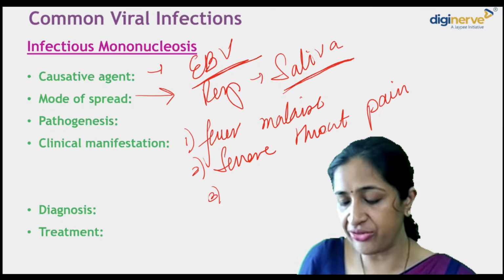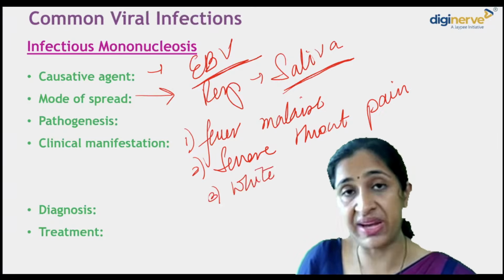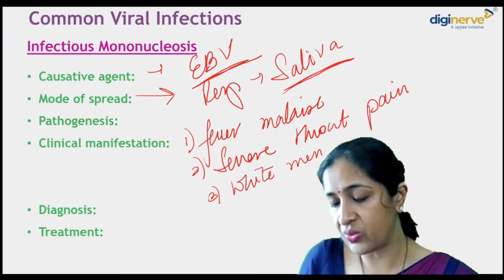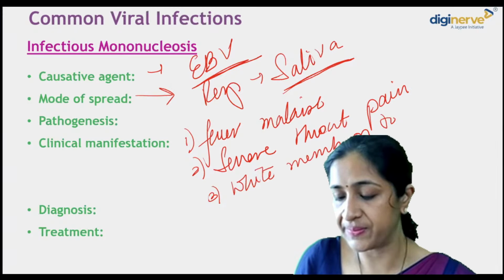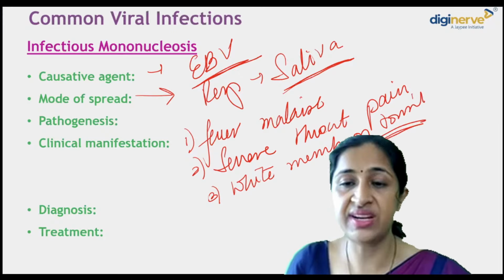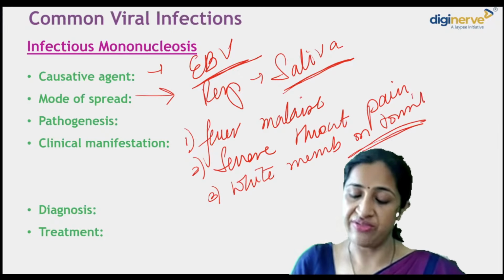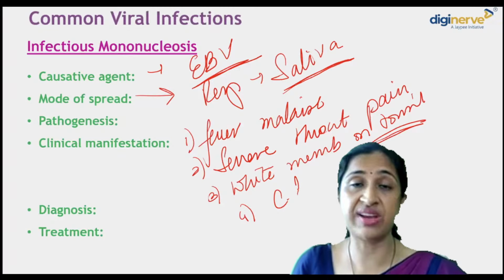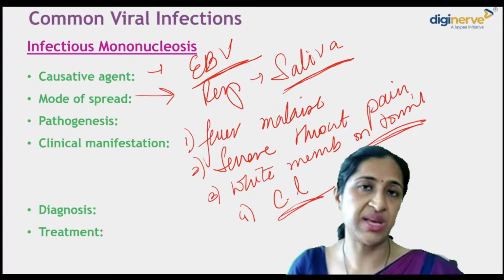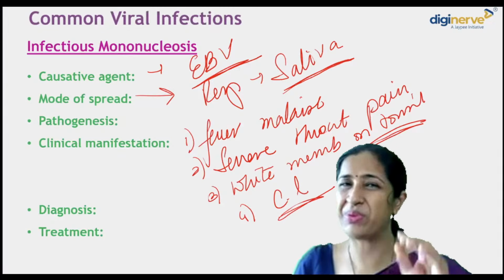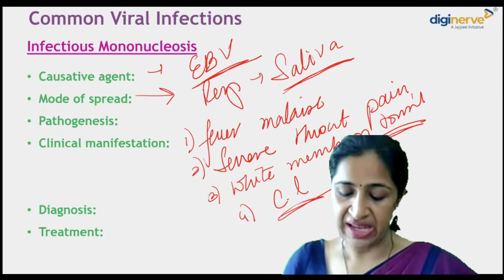This is a DD for white patch or membrane on tonsil. All these are DDs for infectious mononucleosis. We have significant cervical lymphadenopathy. This is infectious mononucleosis. If you palpate, you may even find a soft spleen.